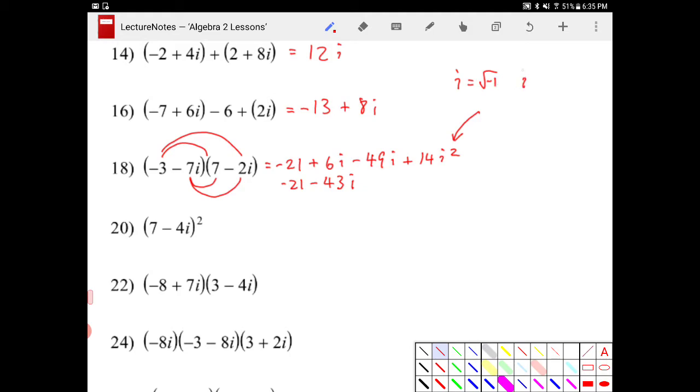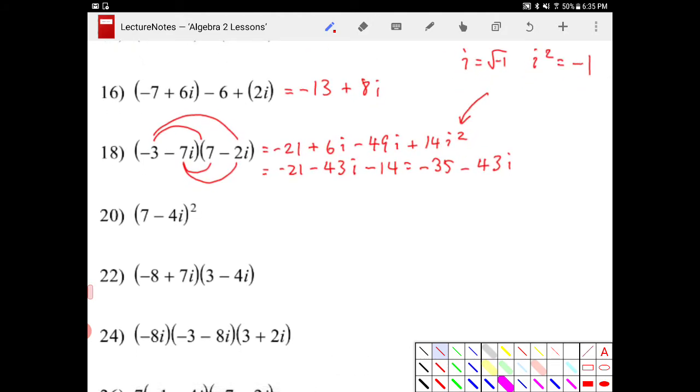So if I square i, what will I end up with? i squared will therefore equal negative 1. So that 14i squared becomes minus 14. This will all turn into negative 35 minus 43i. That is what the product will turn into, another complex number.